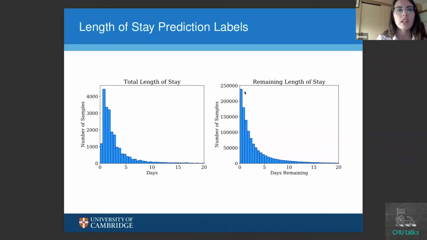If we look at the things that we're actually predicting, on the left this is showing the actual distribution of patients that come into the ICU, and it's showing the distribution of their total length of stay. We can see that most of the patients are only staying for a very short period of time.